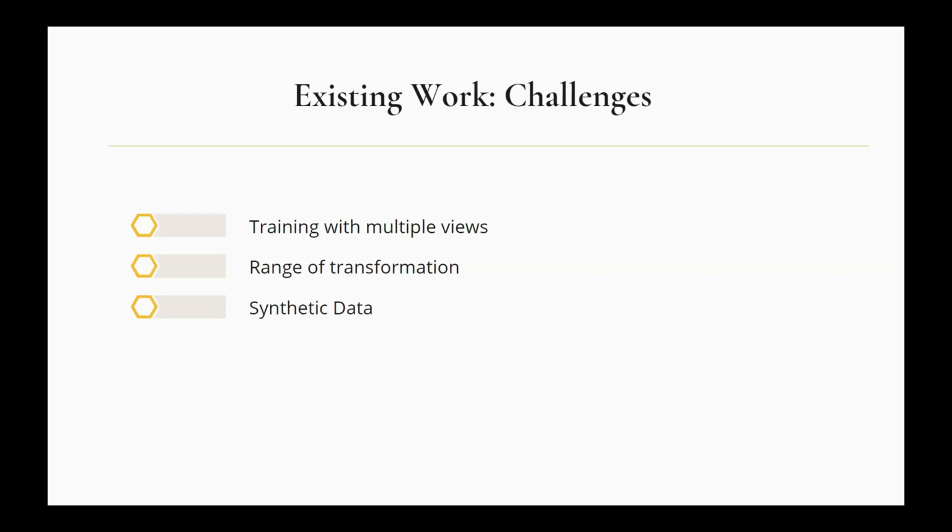Then, even when this is handled with the help of generative networks, the range of transformation is limited, meaning the amount of rotation generated in the new view remains small. And then all the current work revolves around just synthetic data. Synthetic data is just a few objects scattered everywhere, and only that kind of data is being handled currently.